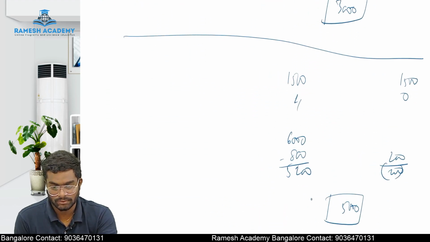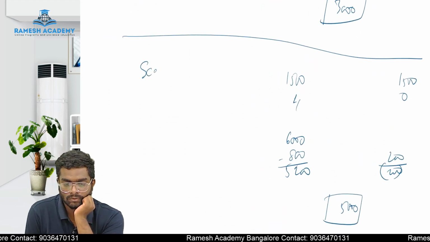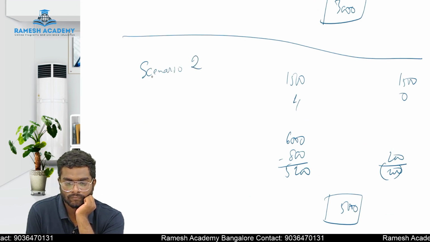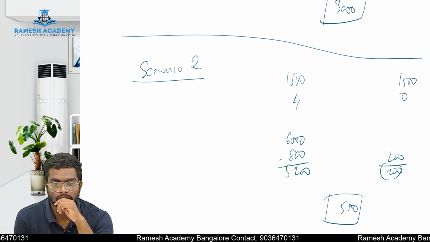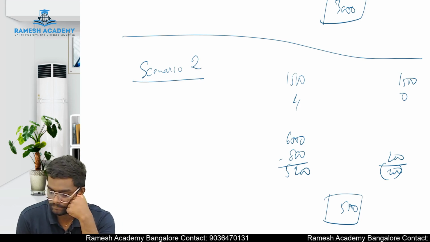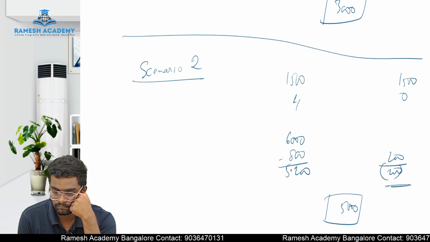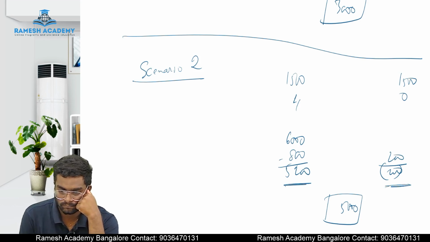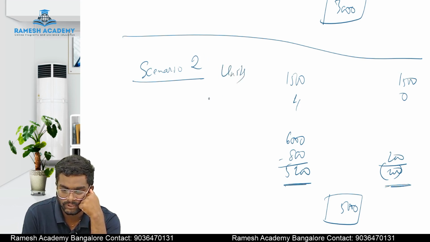In scenario 2 we have a profit of 5000 rupees. Units.